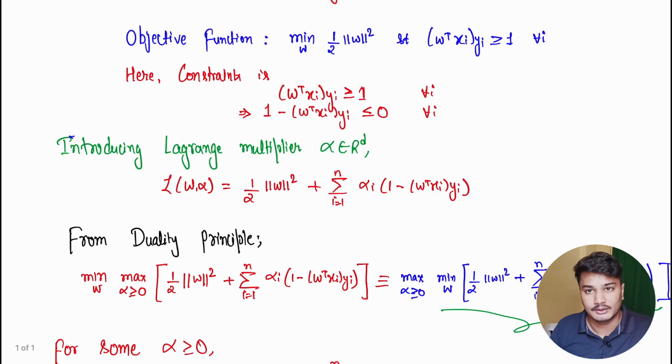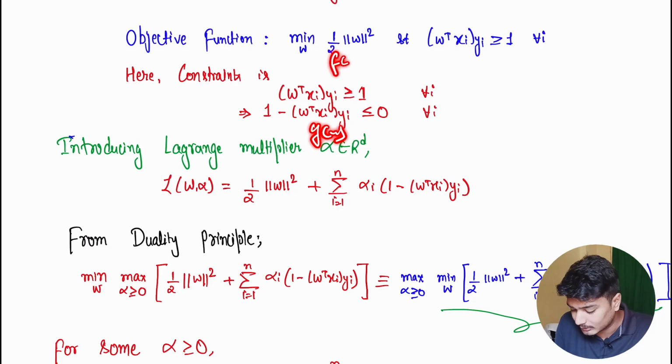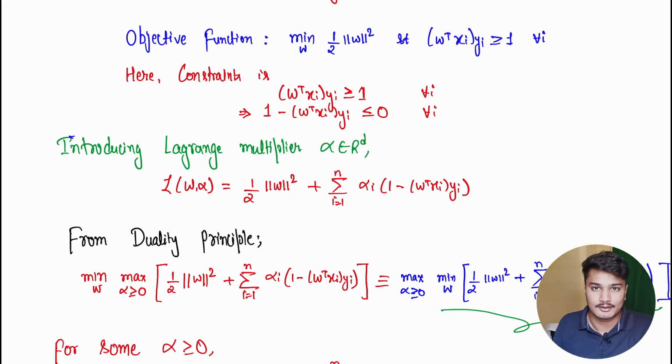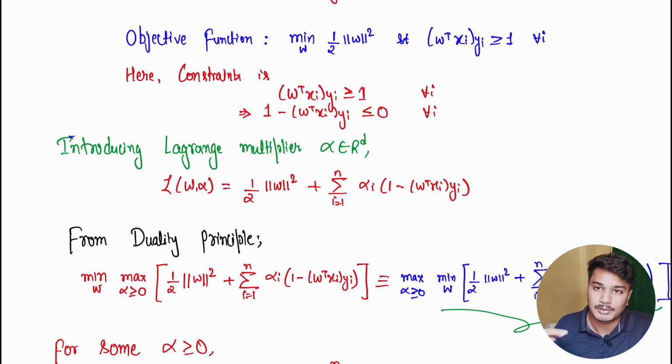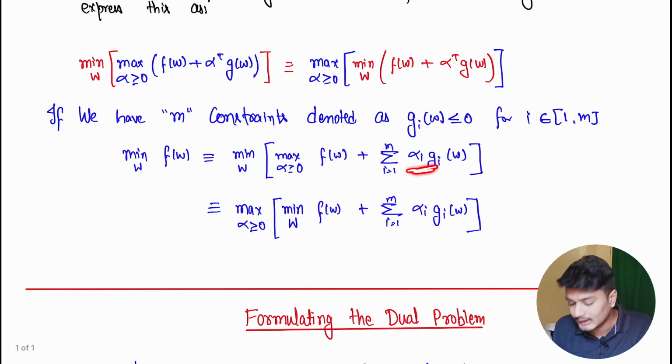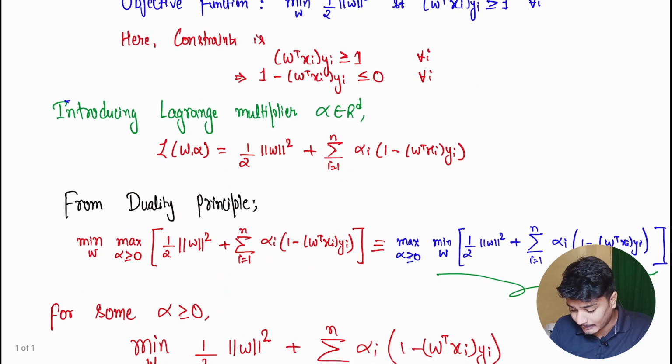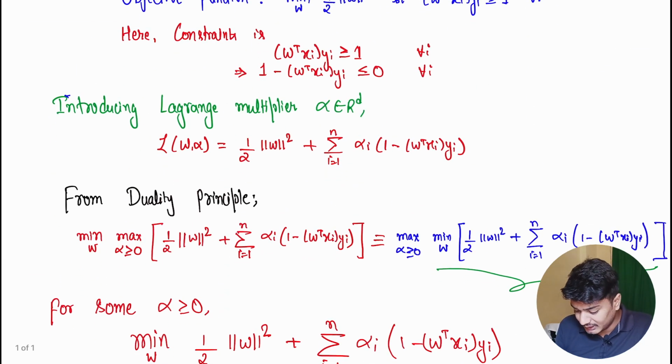Now, if we have this, we can introduce the Lagrange function. We have g of w, we have f of w, so we can write the Lagrange function for the Lagrange multiplier alpha, because we have introduced alpha_i. Here you can see this is basically a Lagrange multiplier, which we introduce with alpha belonging to R^d.